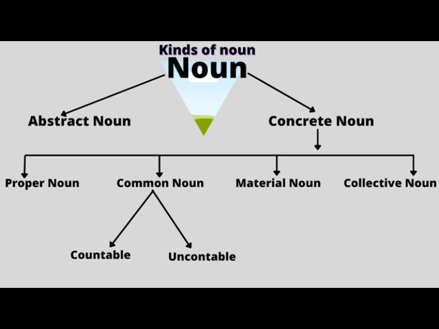So here, common noun is divided into two groups, countable and uncountable nouns. So these are the divisions of nouns. But we're going to see each noun in detail, so you must keep watching until the end of this video.